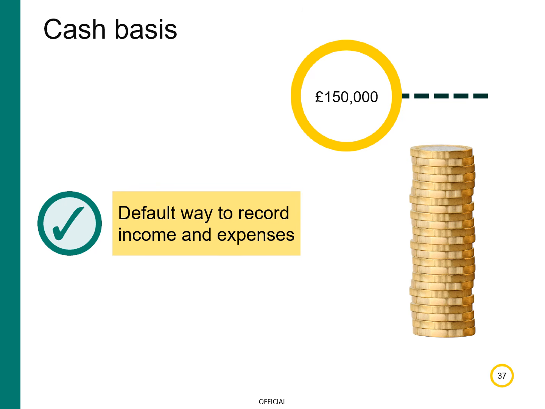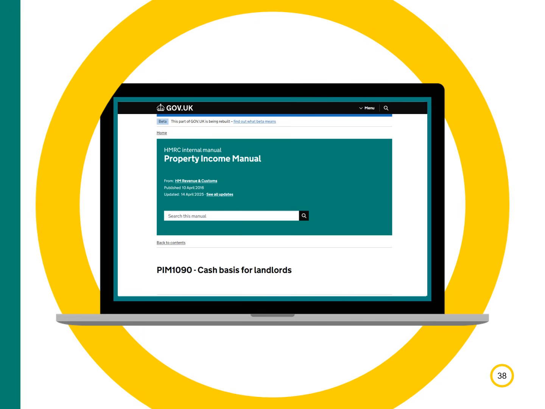So cash basis is the default way of recording property income and expenses for most individual landlords with income of £150,000 or less in 2024 to 2025. Cash basis may not suit all businesses, so you should consider which accounting method suits you and your business. You can find out more about cash basis in the Property Income Manual, PIM 1090 on gov.uk. Let's go back to filling in the tax return.